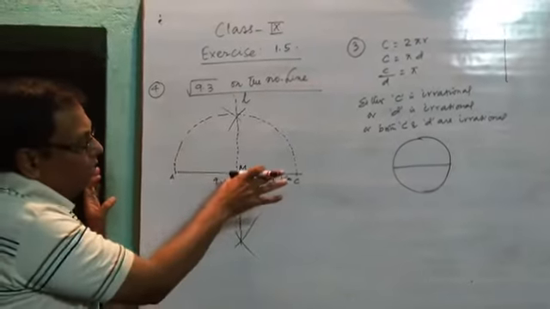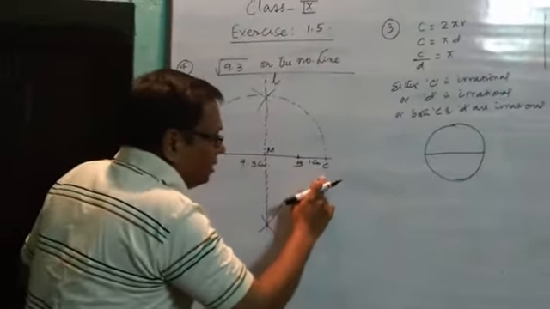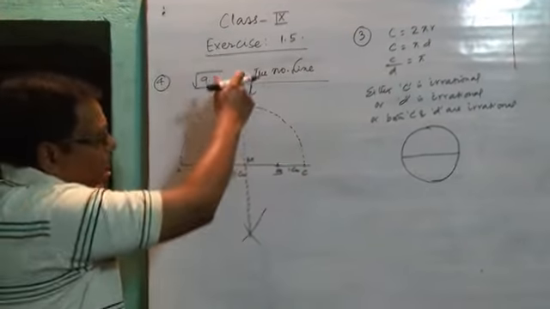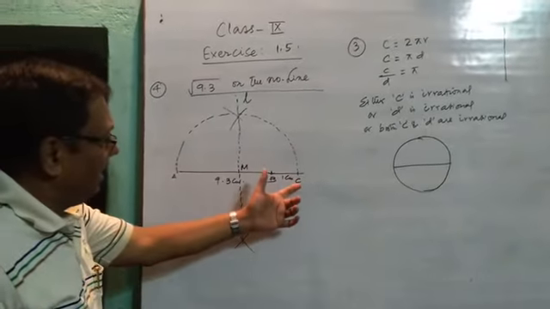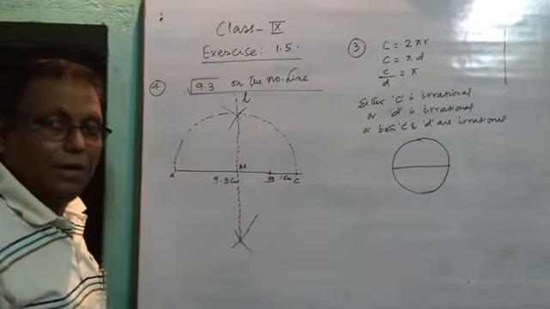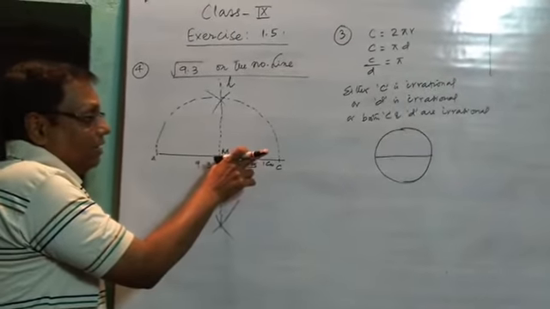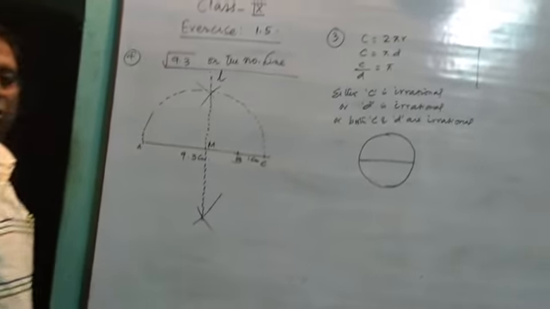What we are doing? We are taking the line segment AB 9.3 centimeter. We are producing it up to C such that BC equals 1 centimeter. We drew the perpendicular bisector of the line segment AC. Let this point be M. M will be the midpoint of AC. Now taking M as center and MC or MA as radius, we draw the semicircle.